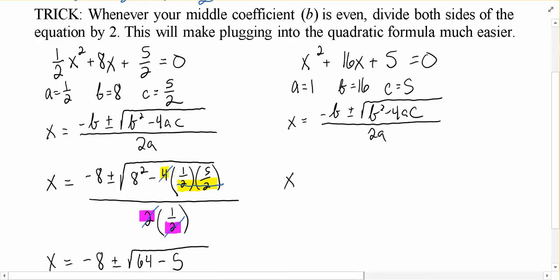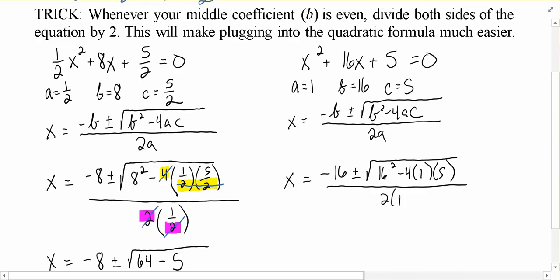So we have the opposite of 16 plus or minus the square root of 16 squared minus 4 times 1 times 5 all over 2 times 1.